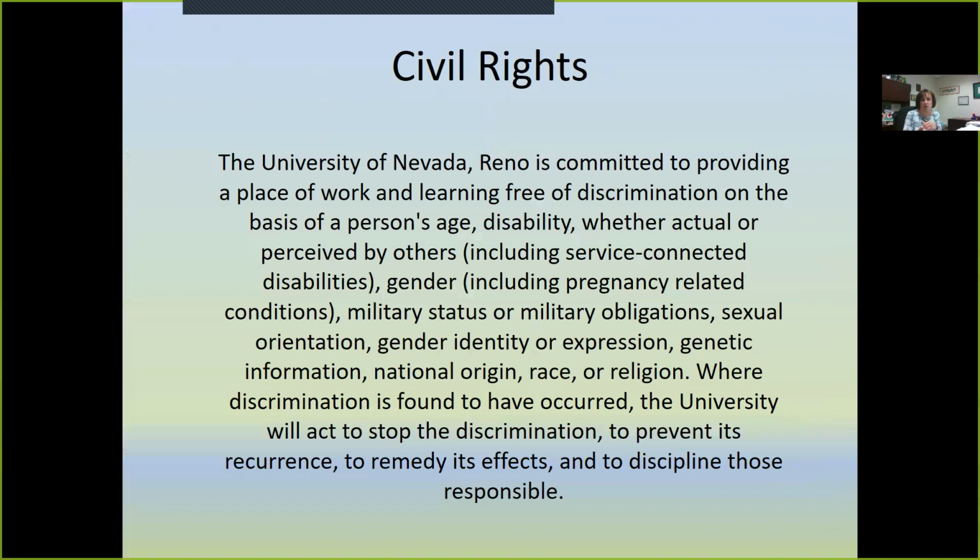If discrimination is found to have occurred, the university will act to stop the discrimination and to prevent its reoccurrence. That is our statement for affirmative action and equal opportunity.